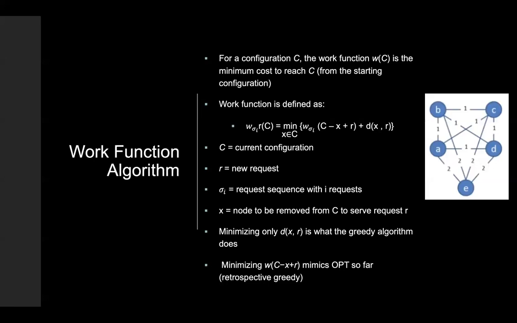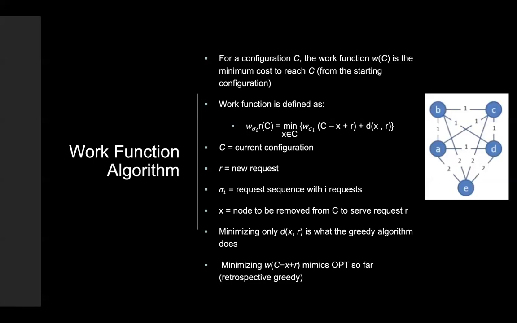If you remove d of x comma r from the equation, you will have a minimum of w of c minus x plus r left. Here w of c minus x plus r is the minimal cost incurred to reach c minus x plus r from the initial configuration.